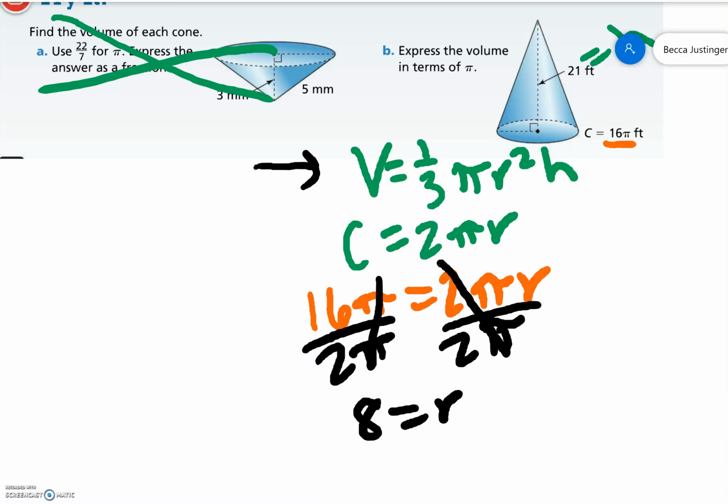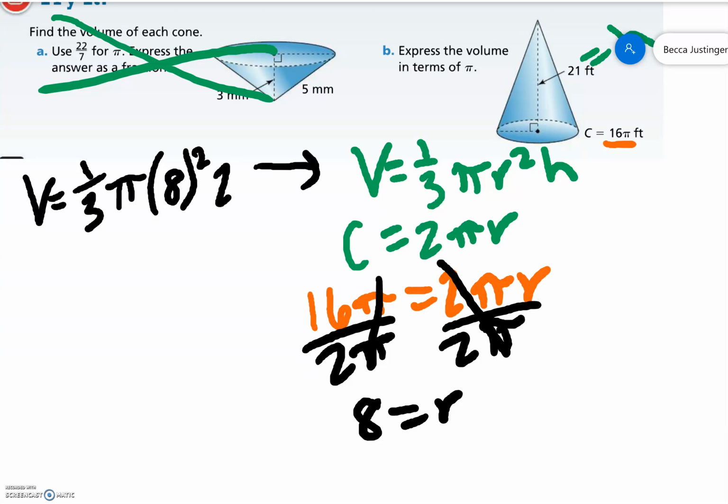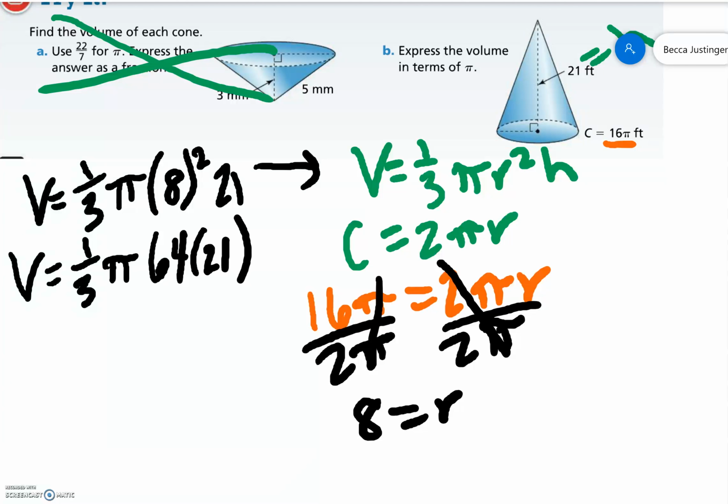So now I go back and substitute into the formula. Volume equals 1/3, leaves in terms of pi, radius is 8 squared, and the height is 21. So volume equals 1/3 pi 8 squared is 64 times 21. Multiply across the numerators.